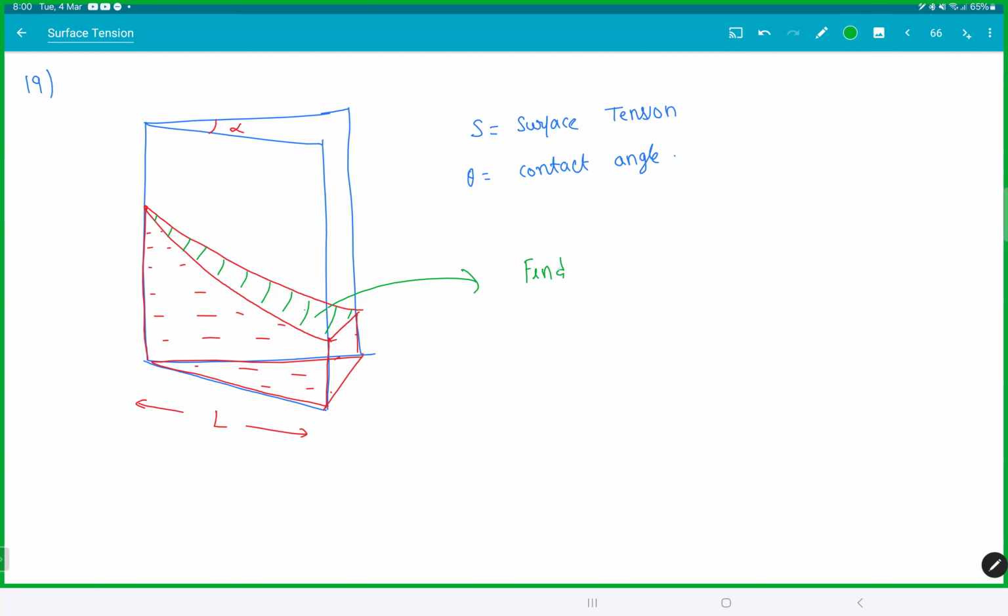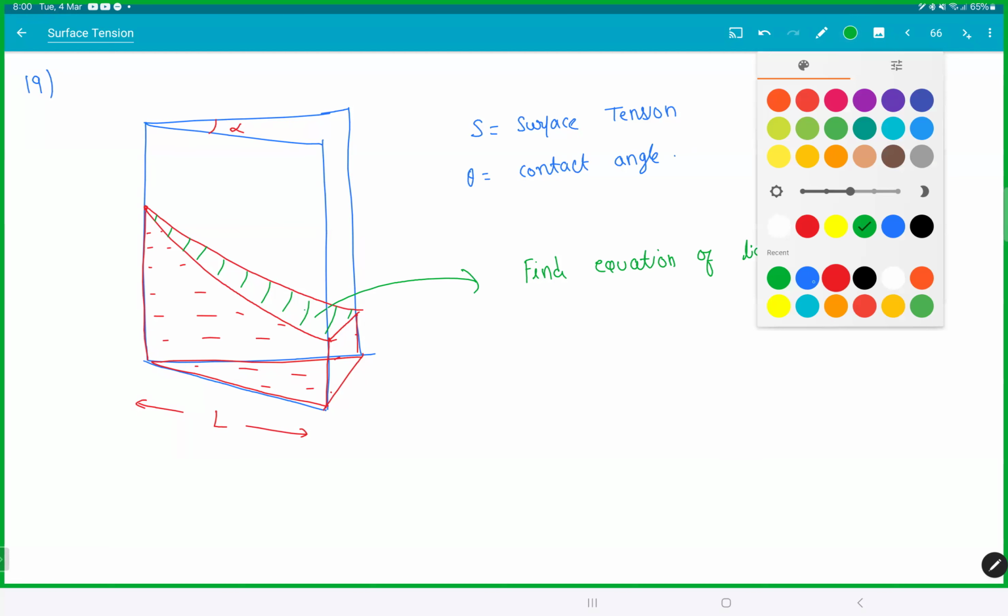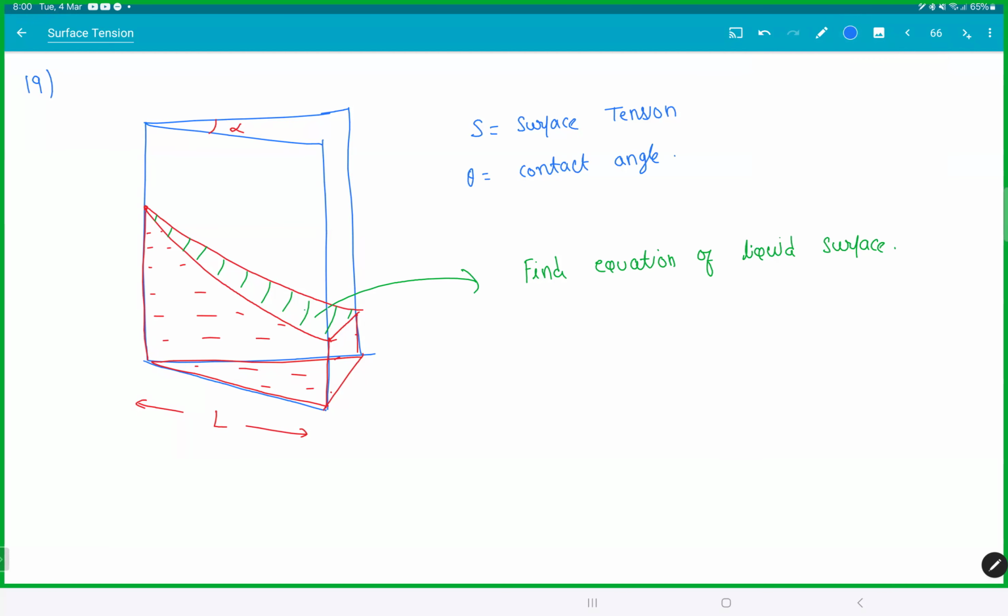That green shaded thing, that thing which is going down, find the equation of that. Find the equation of the liquid surface. Let's get this. How do you find the equation of that curved surface in two dimensions?